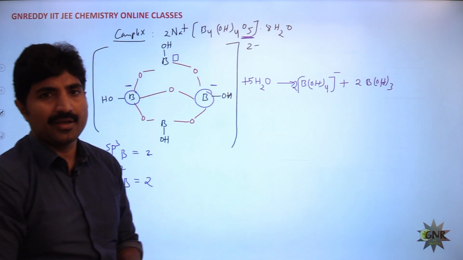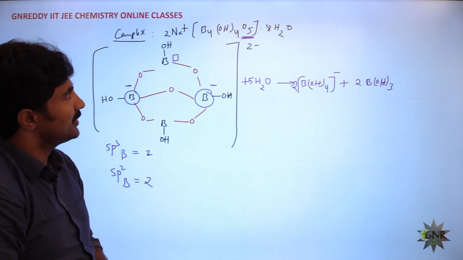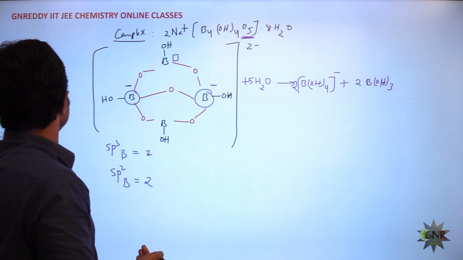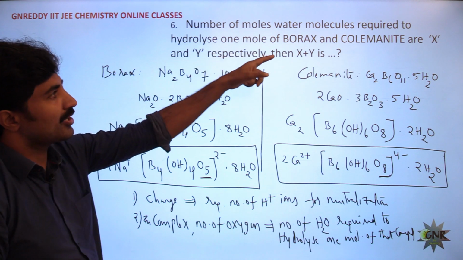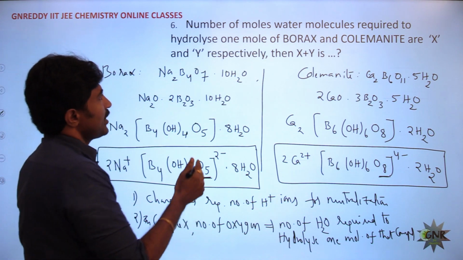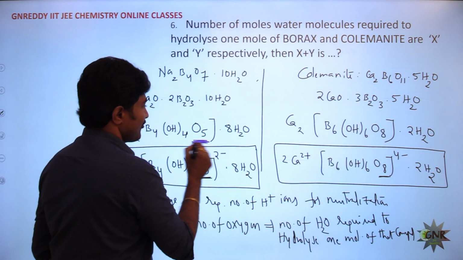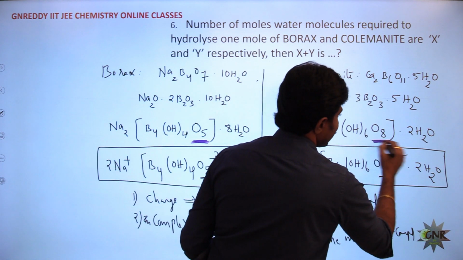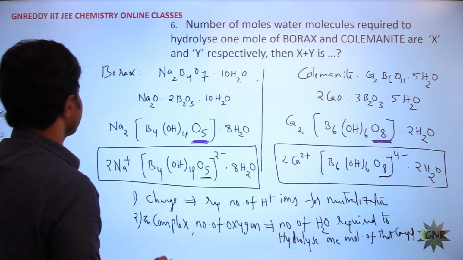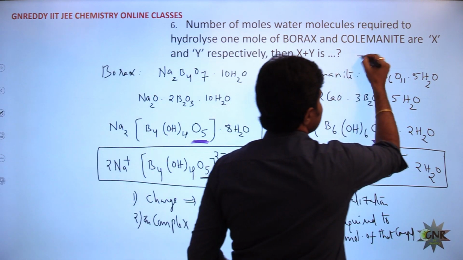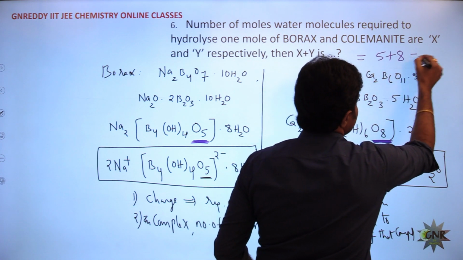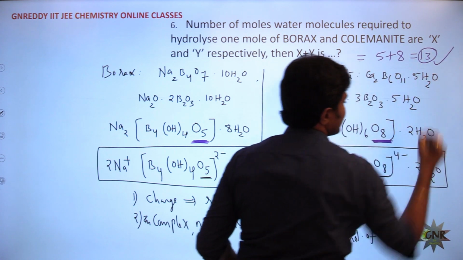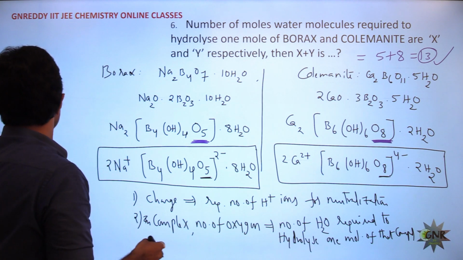So those will be converting into products. So what is our question here? Question is the number of water molecules required to hydrolyze 1 mole of borax is 5 and 1 mole of colemanite is 8. Therefore your answer is 5 plus 8. So this is 13.